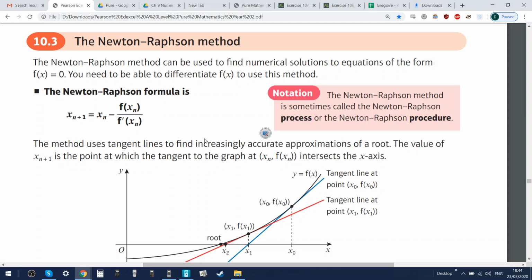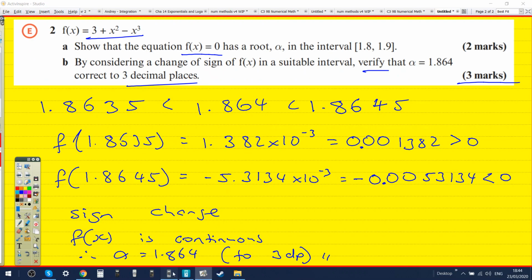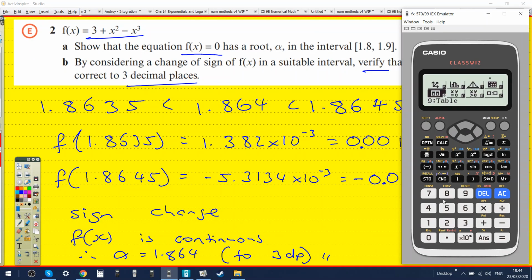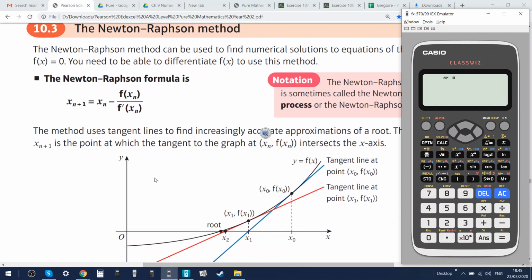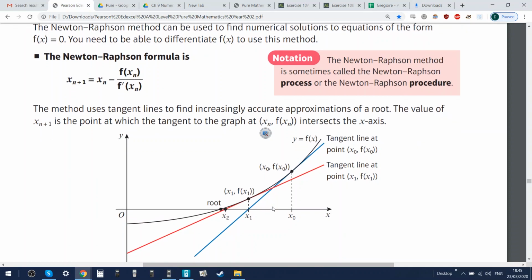Okay, so Newton-Raphson is how you solve something with your calculator. It takes a second to calculate it and then it comes up with an answer. The calculator uses the Newton-Raphson method, and it's a good way because it calculates pretty much everything. This is the formula: Xn plus 1 equals xn minus the function over the derivative of the function.